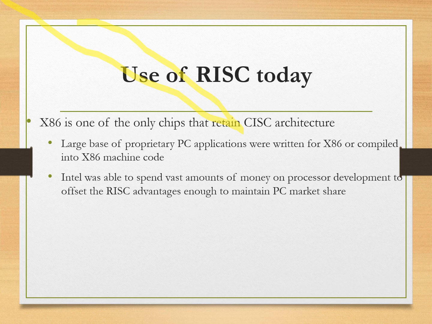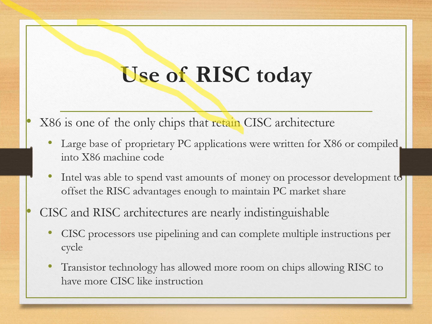There is a lot of history regarding this and how they competed with each other. Okay, CISC and RISC architectures are nearly indistinguishable today, meaning CISC processors use pipelining and can complete multiple instructions per cycle, while transistor technology has allowed more room on the chip, allowing RISC to have more CISC-like instructions.